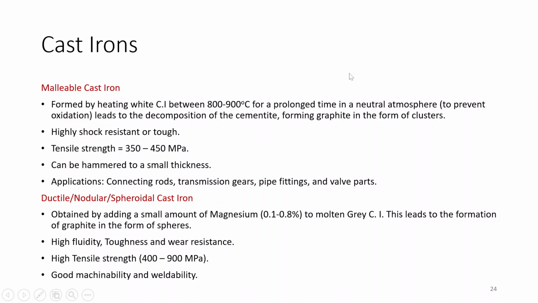So your cementite is Fe3C, right? So your iron will be going into the matrix and your carbon will be forming this graphite, and this graphite will be in the form of clusters.